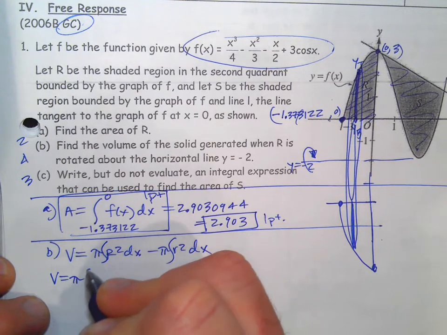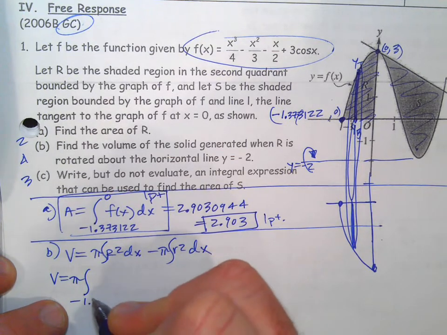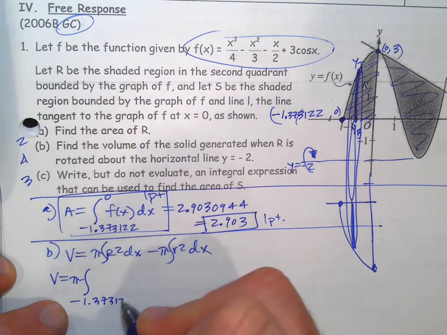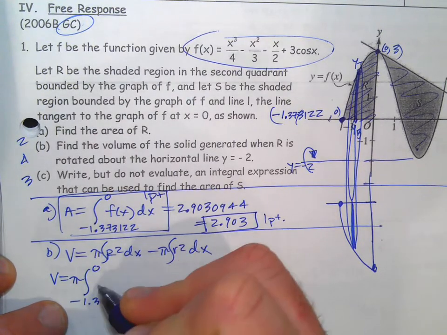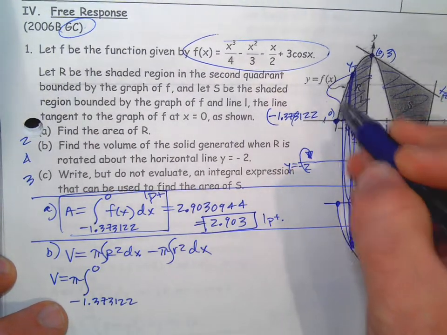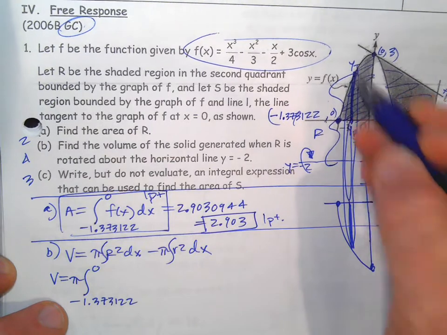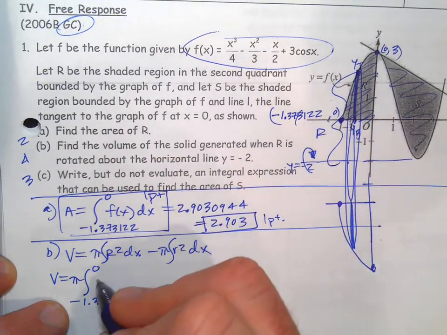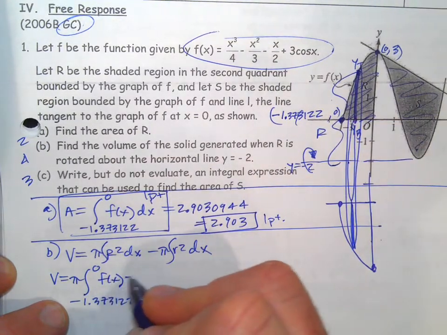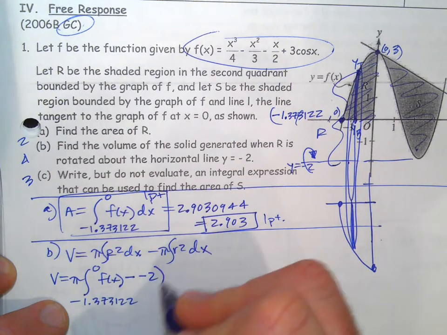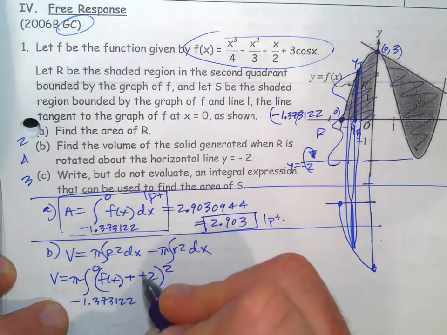Now the limits are going to be negative 1.373122 to 0. The big radius right here is y top minus y bottom. So y top is f of x, y bottom is -2. You could just write f of x in here.